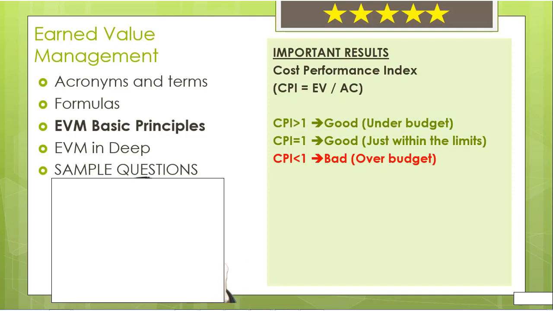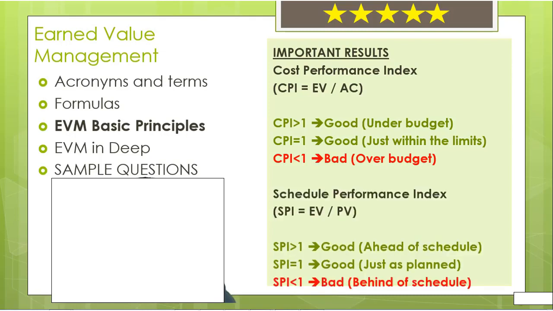We can say CPI is our spending rate until now. If CPI is greater than 1, this means we are under budget, and this is good. If CPI equals 1, we are just within the limits of budget, which is also good. If CPI is less than 1, it tells us that we are over budget, and this is bad.